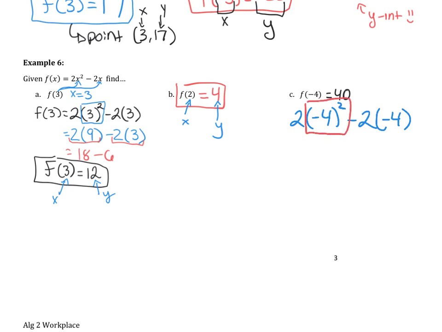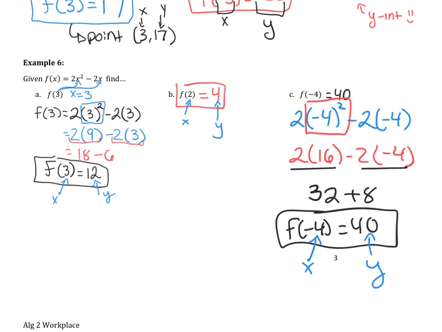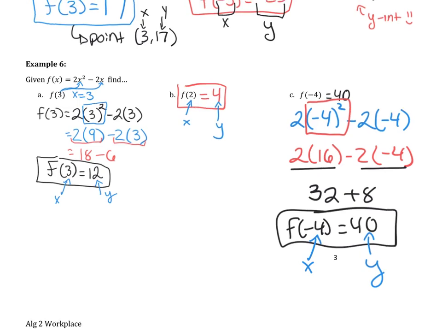This is negative 4 in parentheses squared, which is a positive 16. Then we do our multiplication. And a negative 2 times a negative 4 would be a plus 8, which is what gives us 40. So again, f of negative 4 is our x, 40 is our y. All right, do you guys have any questions?